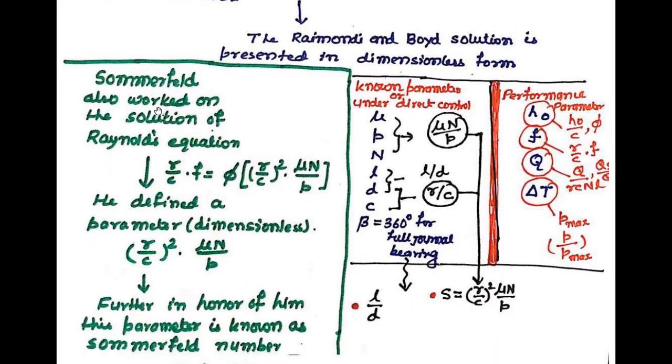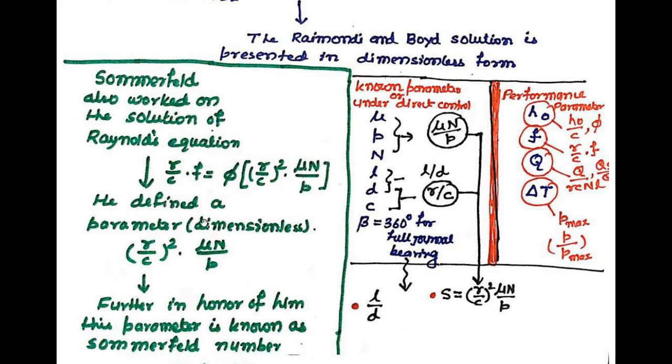Another scientist, Sommerfeld, also worked on the solution of the Reynolds equation, and he suggested a solution in this form: r by c into f equal to some function of (r by c) square into mu n upon p.